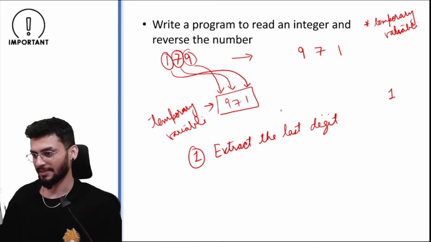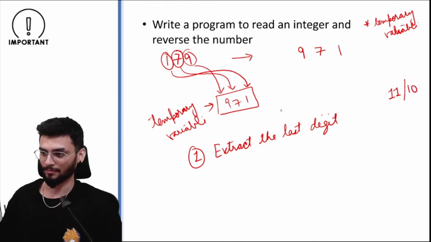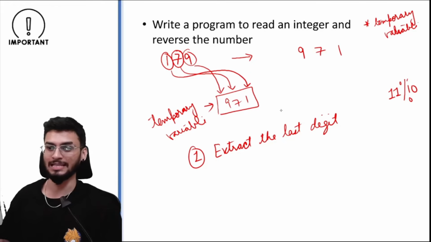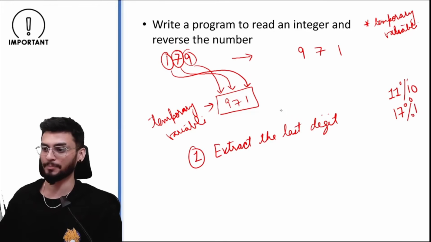So if I say 11 and I found the last digit, which is 1, I simply divide it by 10. Or maybe we can use the percentage sign 10 and we will get the last digit. If I want to find out the last digit of 17, I divide it by 10 for the percentage sign. This will give me the remainder, which is 7.